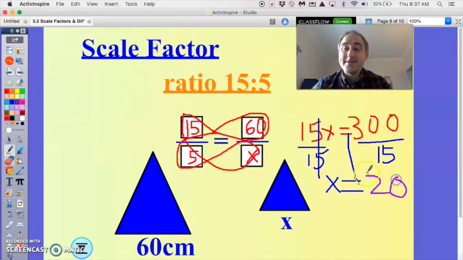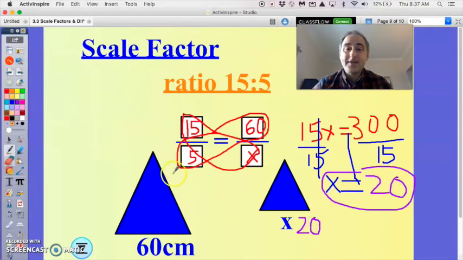I did too. The answer is 20. Just like if I knew this was 15, and if I knew this side was 5, I was given that ratio.